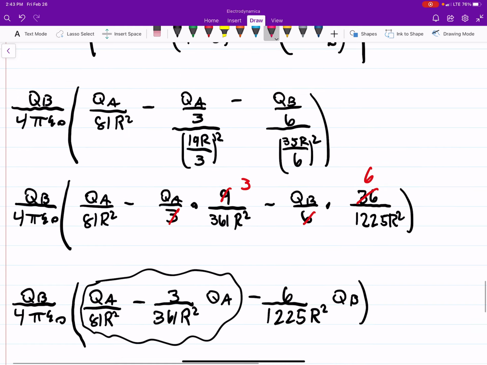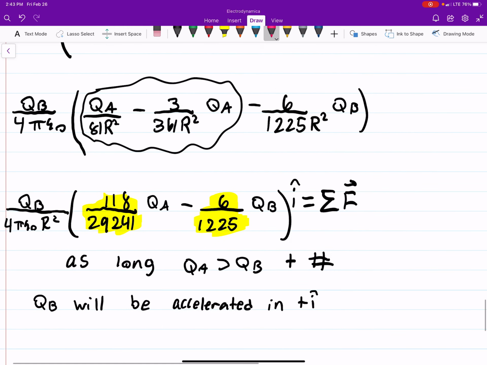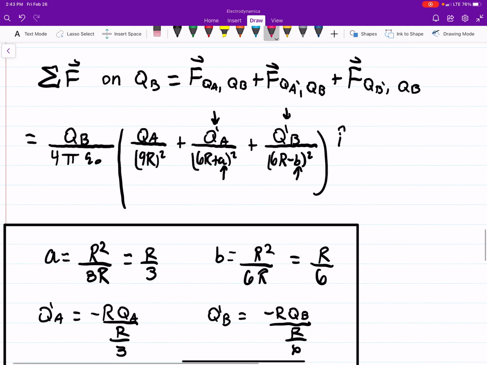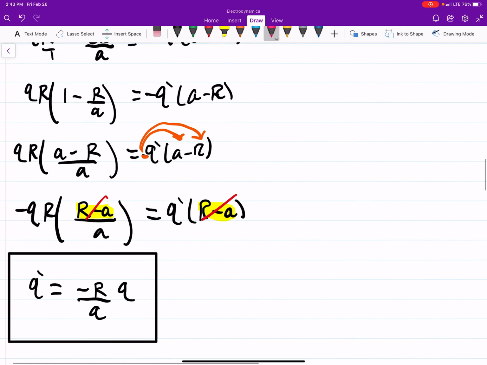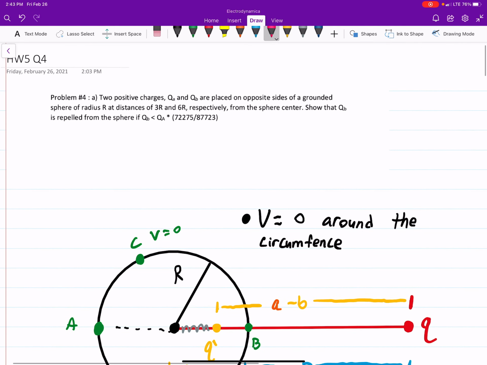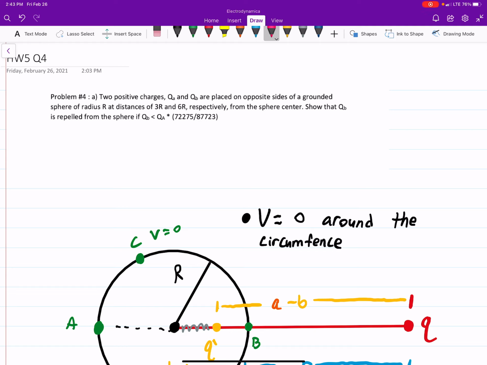And for the most part, it's algebra, a lot of simplification, so be careful of your algebra. And just the idea knowing that if you're accelerating in the plus i hat direction, then your charge is being repelled. So hopefully that helps somebody. It helps me, so I guess it already did what I wanted it to, but hopefully it helps someone else as well. So that's everything.